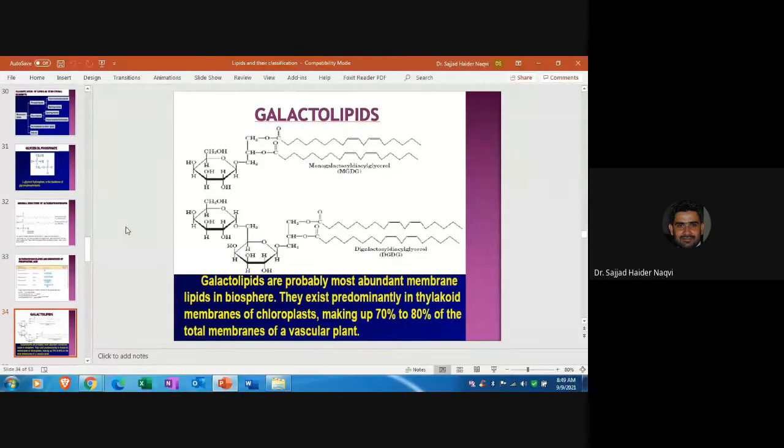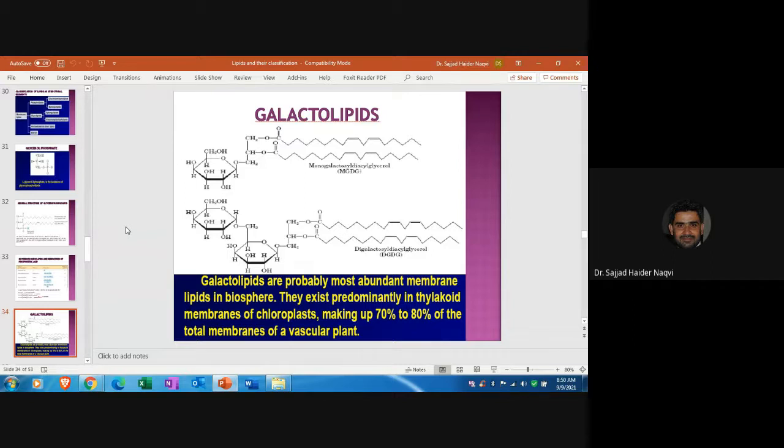Now, going to another type of lipids, which are called the galactolipids. These are probably the most abundant of the membrane lipids, and they predominantly exist in the membranes of the chloroplast, thylakoid, etc. For example, 70 to 80% of the vascular plant membranes are made up of these galactolipids.